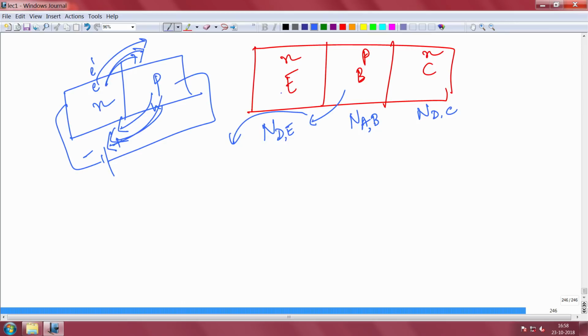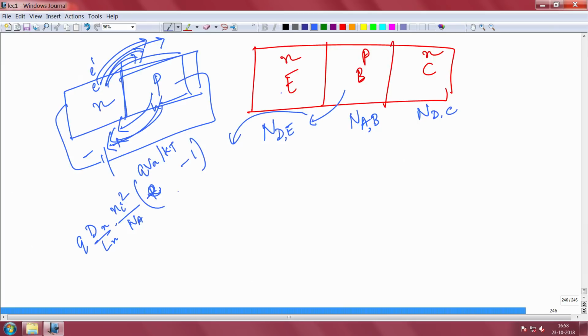Do you remember that? The electron that is injected to this side will give you a current density, so I will ignore area, q Dn by Ln into ni squared by the doping in this region, which is Na here, into e to the power qVa by kT minus 1.